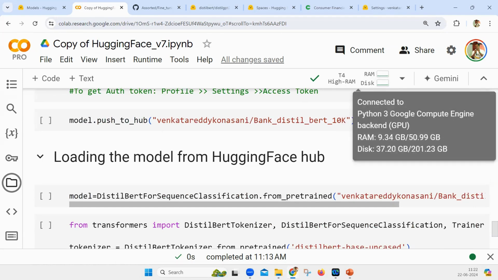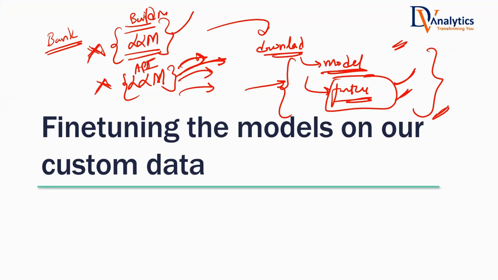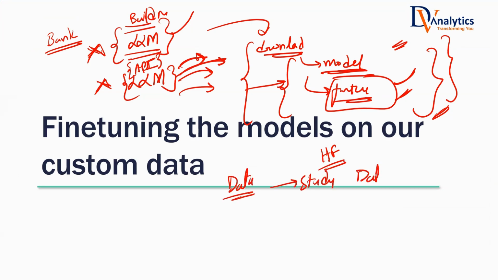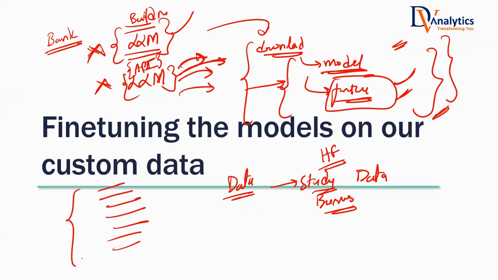So as I told you, it is not necessary that you always have to use a very high-end API. Sometimes we may have to fine-tune our models using Hugging Face models. So the process is, you take your data, you study your data very well. You study the business, you study the data. Then you go through all the Hugging Face models that are available, the standard ones.